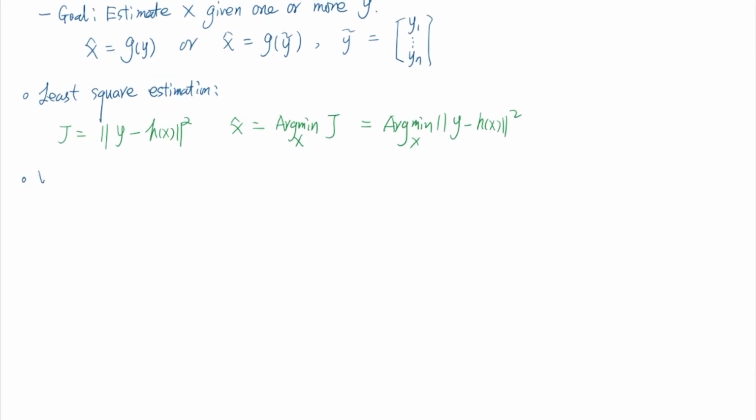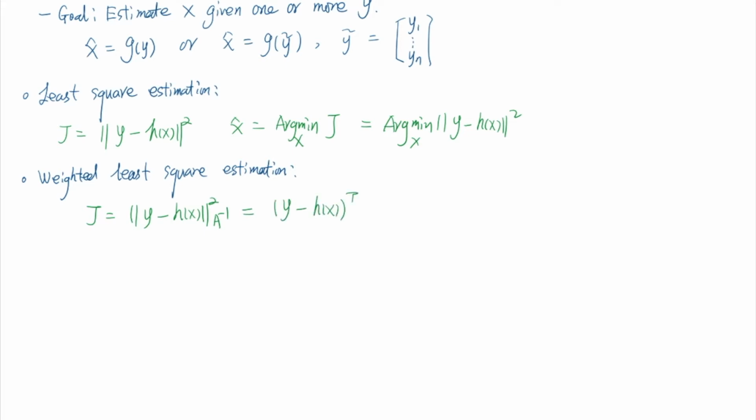There is a fancier version called weighted least square estimation. The idea is to weight each component in the J function using a weight matrix. The expression can be written as y minus hx squared weighted on A inverse. To expand it, we can write it as y minus hx transpose multiplied by A inverse multiplied by y minus hx.